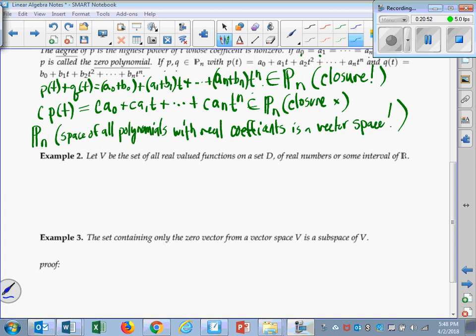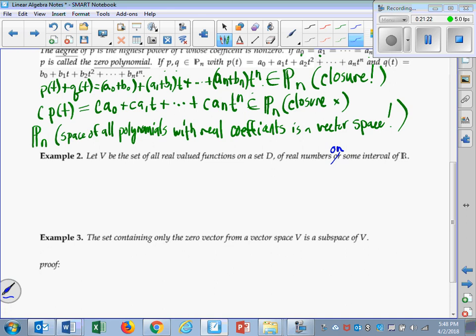Okay, let's look at another kind of abstract vector space. In example 2 here, it says, let V be the set of all real valued functions on a set D, where D is just a set of real numbers. It says on some interval of R. So we're taking all possible functions on some real set of numbers.